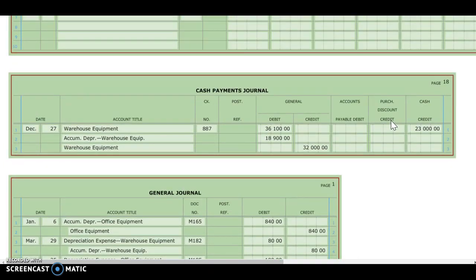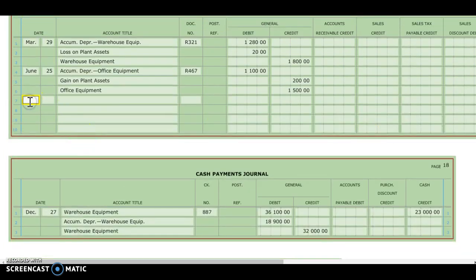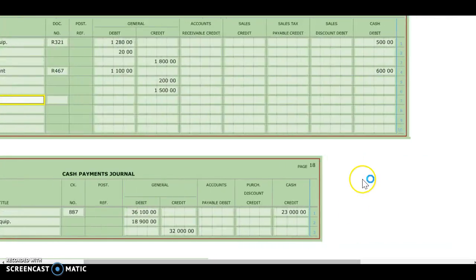Okay, so next I need to go to, we sold that and it looks like we received money. So I'm going to go to my cash receipts journal and December 29th. And I'm going to go ahead and put in my amount that I received first, my cash debit. So I know that I received $273,400.